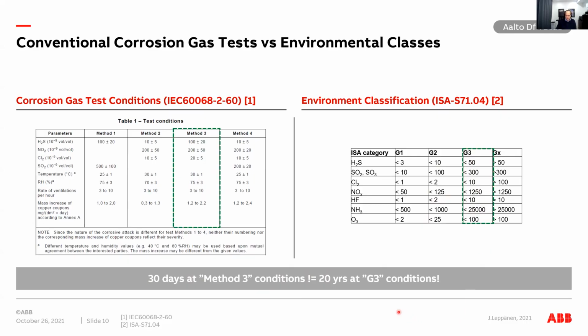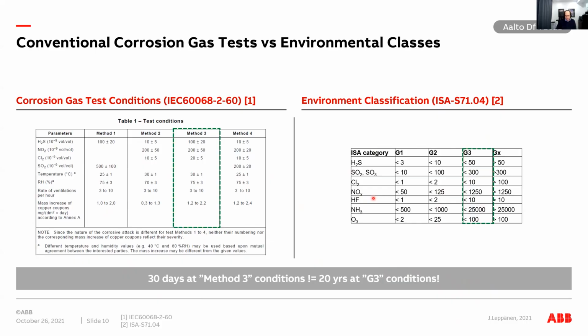That's actually a common mistake seen in this industry: people start doing tests with these low concentrations and then claim that their product is capable of fulfilling 20 years at G3 conditions. And that's not at all true. These test standards are really outdated and cannot really reproduce what we see in the field.